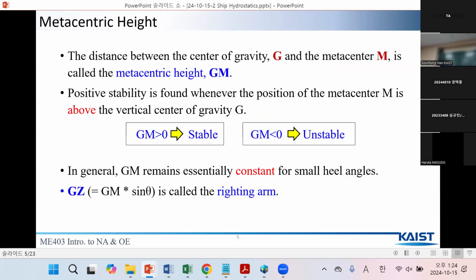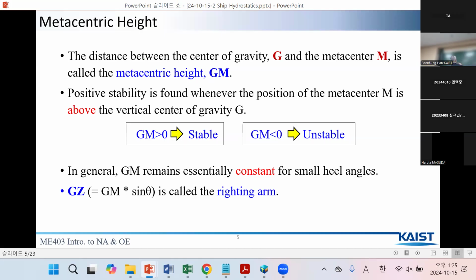So the metacentric height has historically been the representative value of distance showing the stability performance of the ship. The distance between G and M. Positive, we say stable. Negative, unstable. As you see from the previous slide, it is stable. This is not unstable, right?